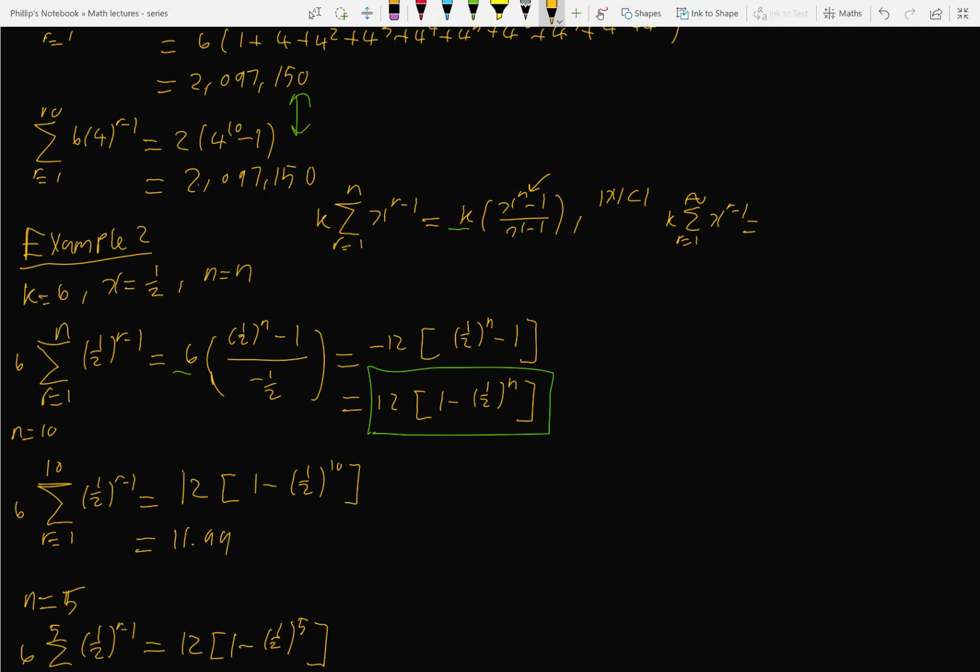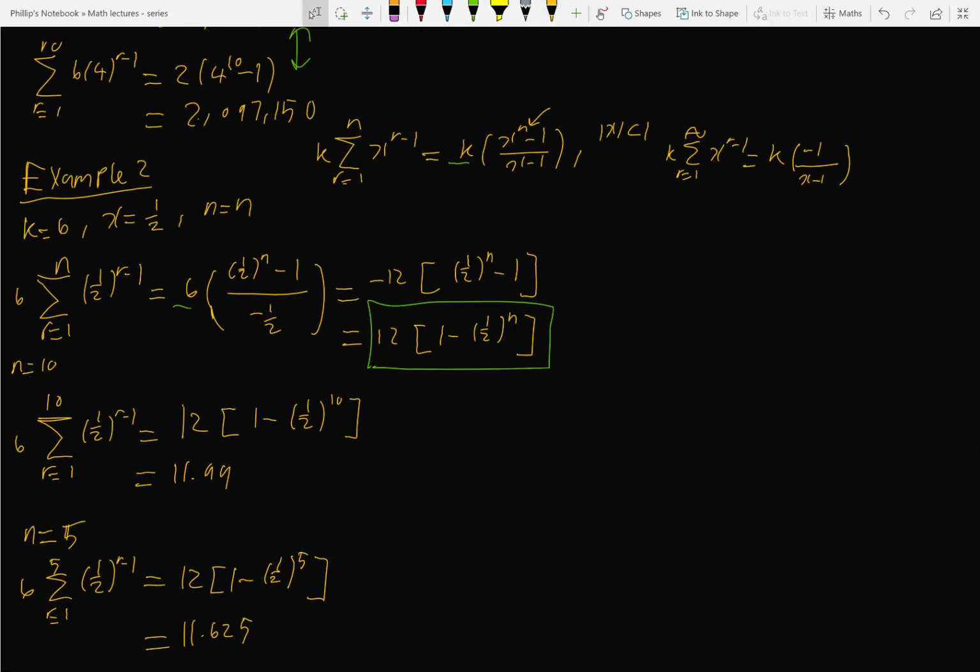Essentially what it'll equal is k, this will be 0, so k times by minus 1, times by x minus 1, or again we can mitigate that, k times by 1 divided by 1 minus x. Multiply that bottom by a negative, top by a positive, so make it the same.